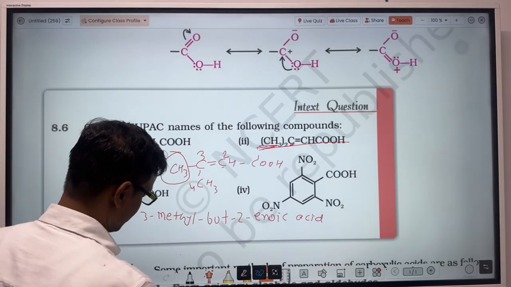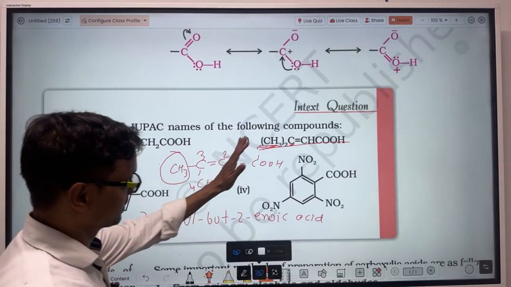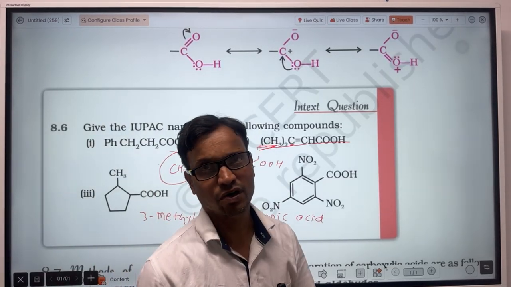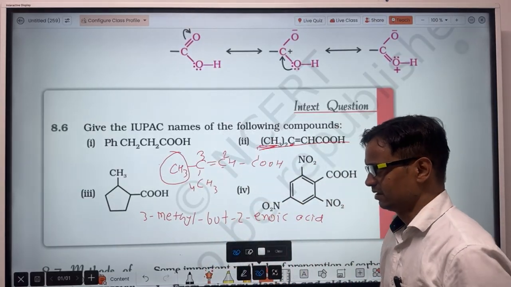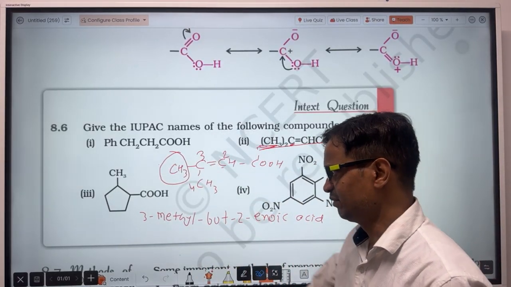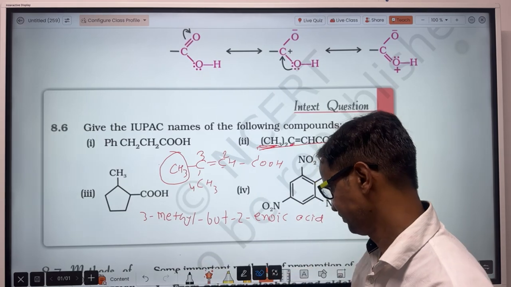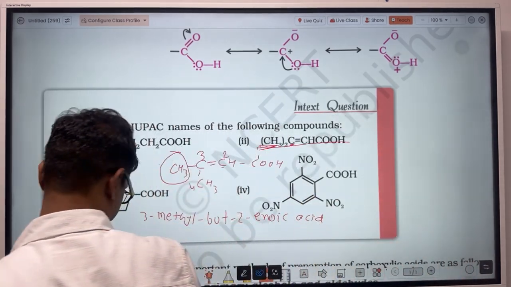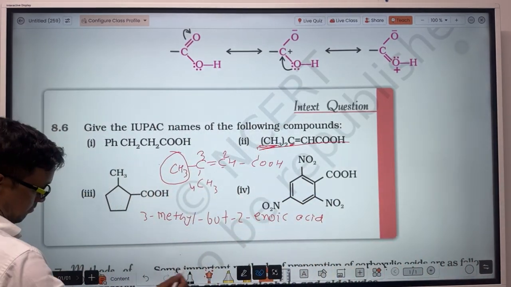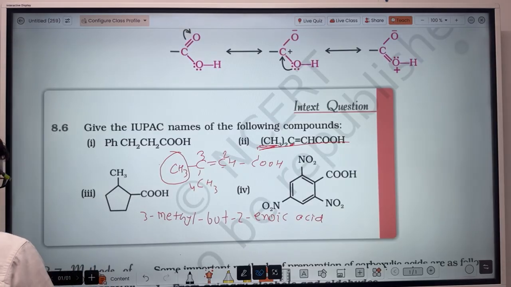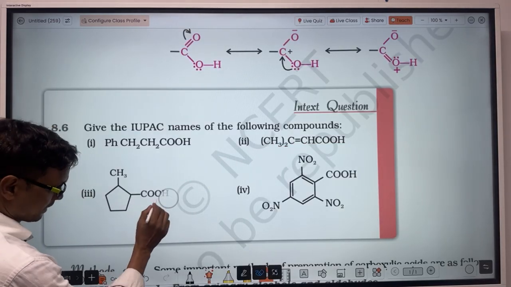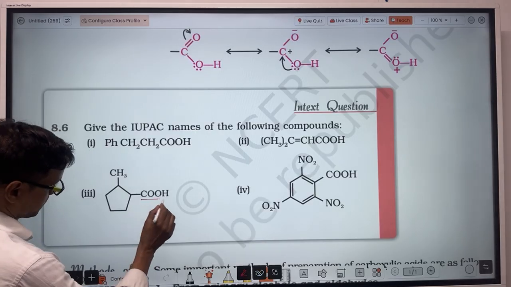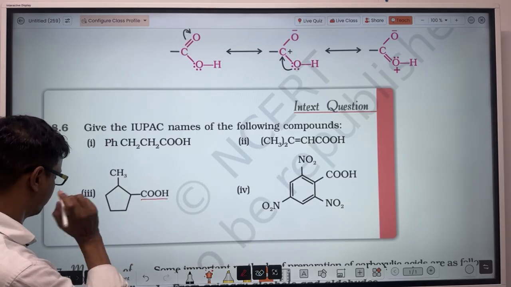Okay, now let's see how to write the IUPAC name of this compound. We have a COOH group here, and here a methyl group.